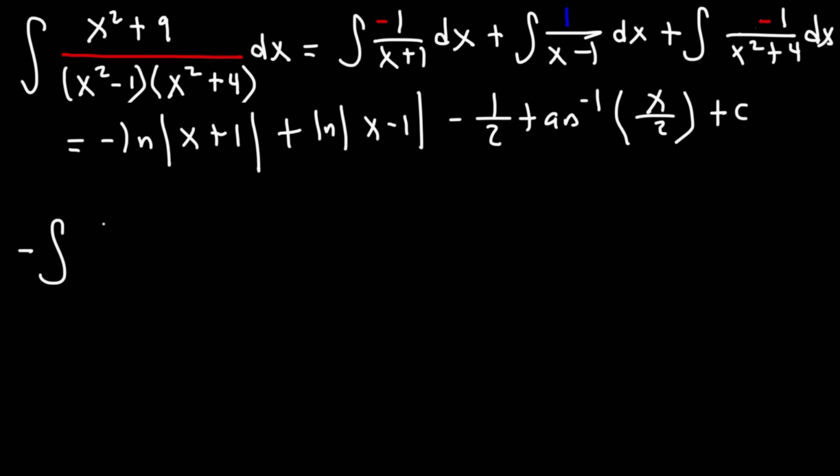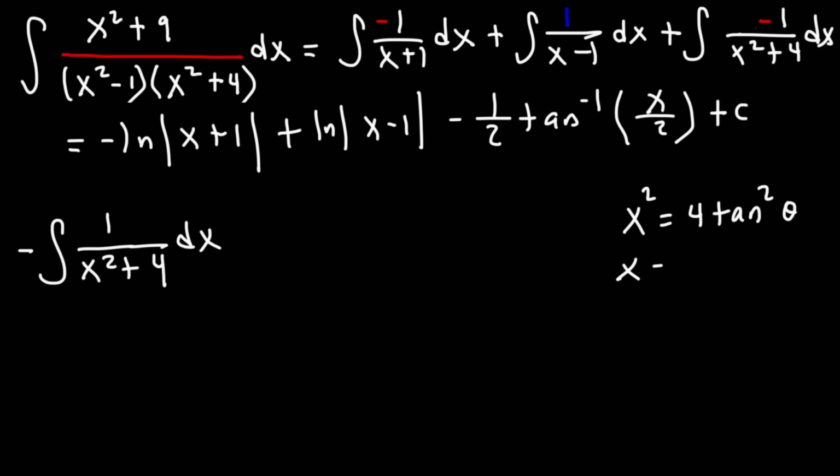So I'm going to move the negative sign to the front. So let's start with this expression. We're going to use trig substitution. So we're going to make x squared equal to 4 tan squared theta. So x is going to be 2 tangent theta.